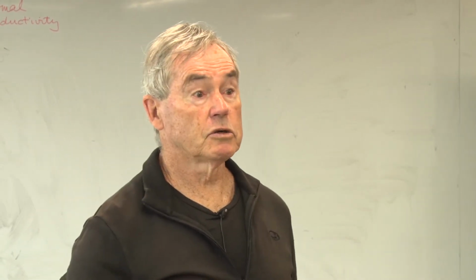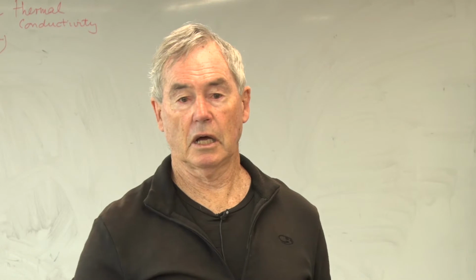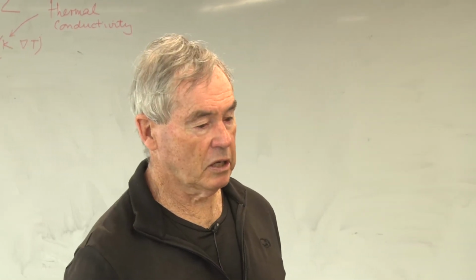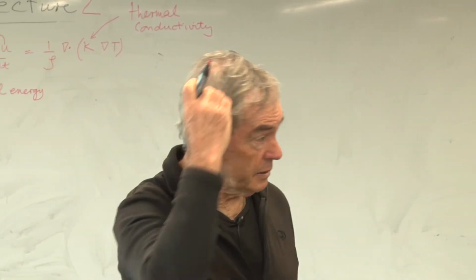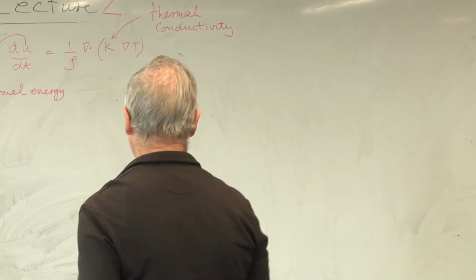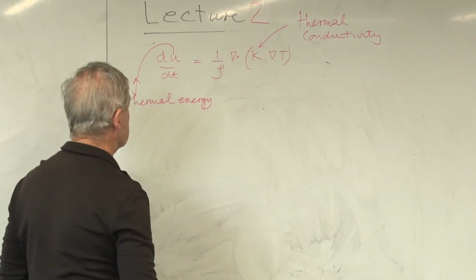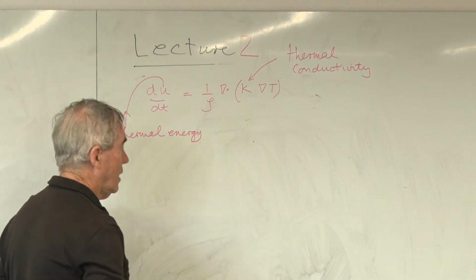And there may be sources of energy, radiation coming in, loss of energy, radiation going out. But this is a simple kind of equation which has some certain features which I quite like.